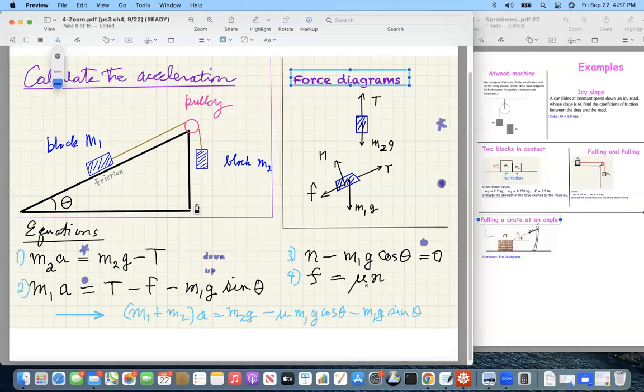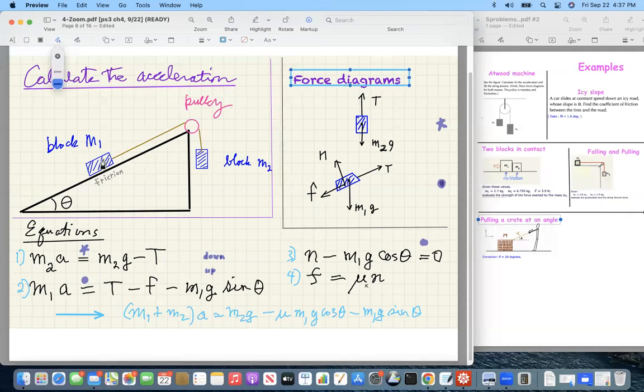So this is falling down, this is going up. The force in the up-the-ramp direction is T minus F, minus the component of the gravitational force in the direction parallel to the surface.